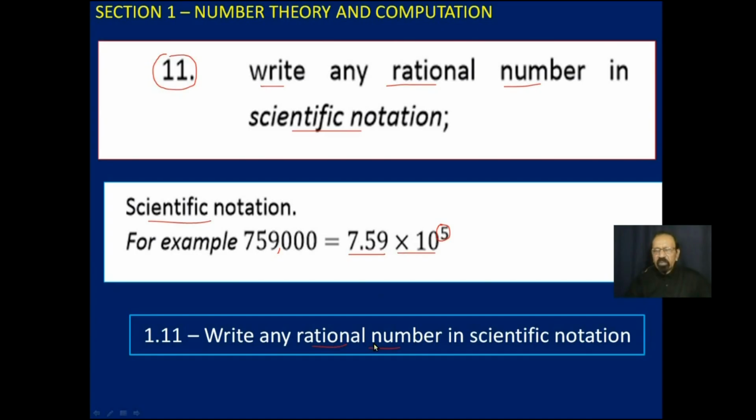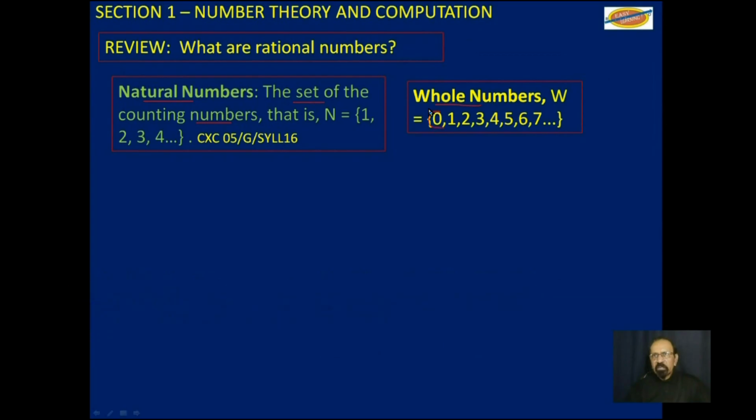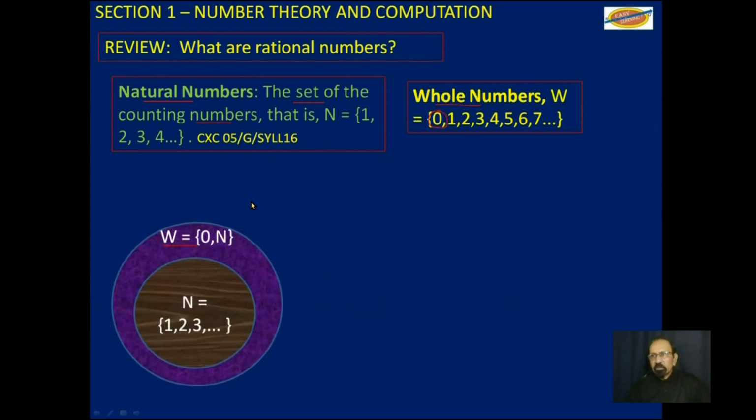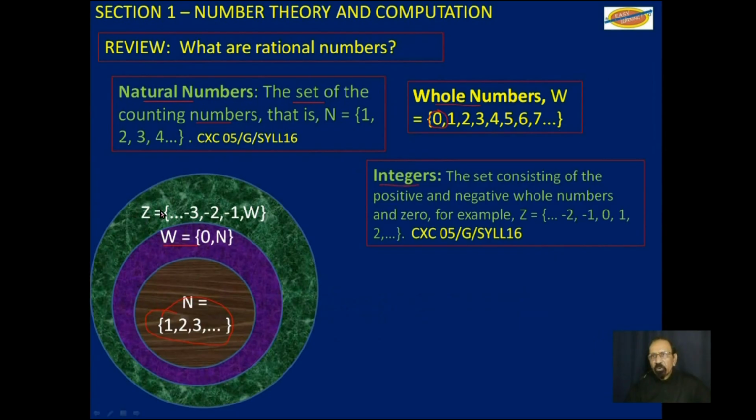So let's remind ourselves what rational numbers are again. We talked about natural numbers in section 1. Natural numbers are the counting numbers, 1, 2, 3, 4, and so on. Then you have whole numbers, which are those counting numbers including 0. Beyond that, you have the integers, which include the negative whole numbers.